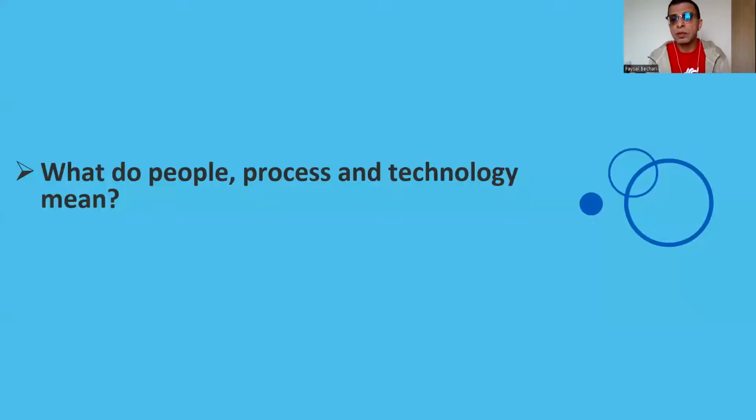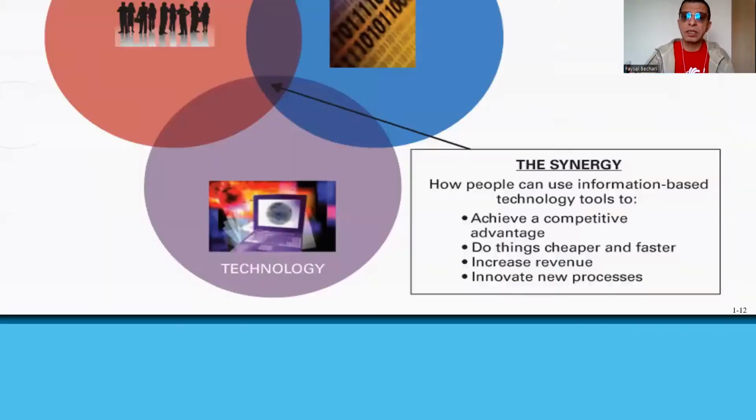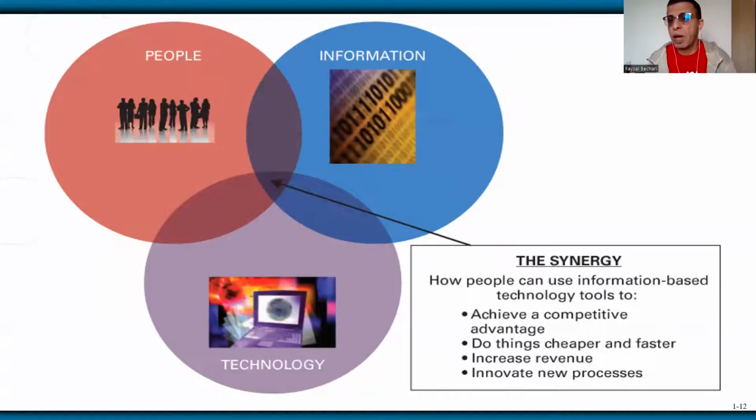Now, the other issue that we want to talk about is what people, process, and technology mean for us. It is basically about people, information, and then technology. Never go with technology, information, people.